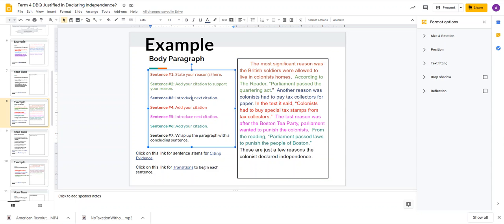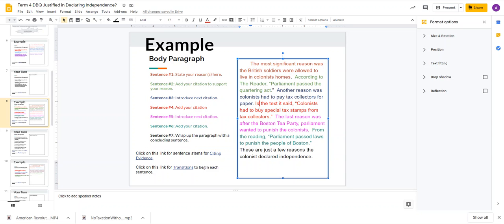Then move on to sentence 3. I need to introduce the next citation or another reason. Another reason, there's my transition, was colonists had to pay tax collectors for paper. Add my citation. In the text, "colonists had to buy special tax stamps from tax collectors." That's sentence 4.